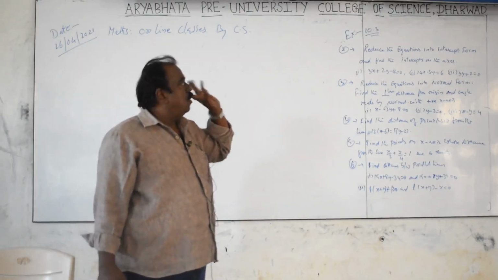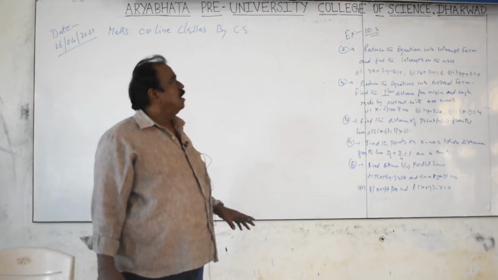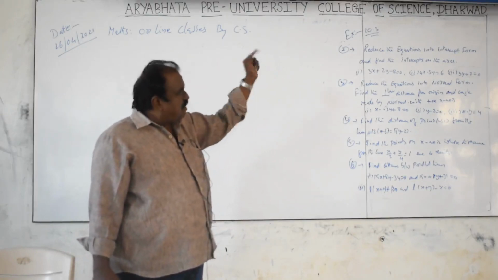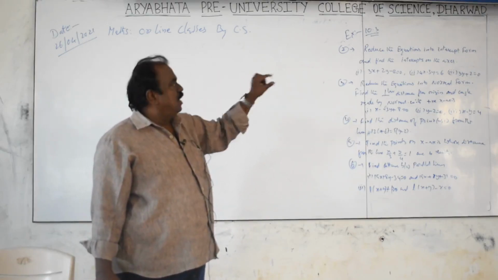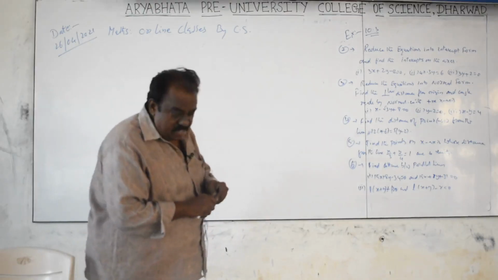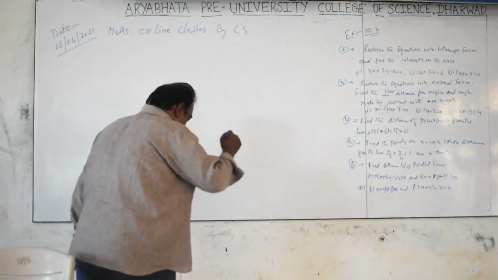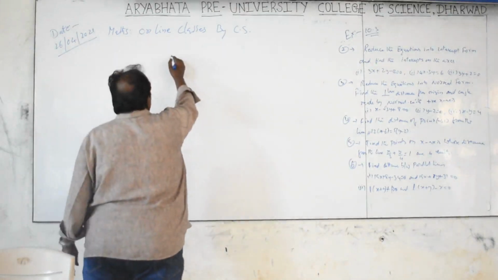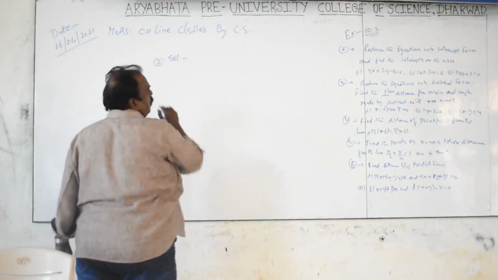This is the second one: reducing the given equations, those are the equations of straight line, into the intercept form, only intercept form, and again we have to find the intercepts. Observe me. Solutions. It is a second problem.